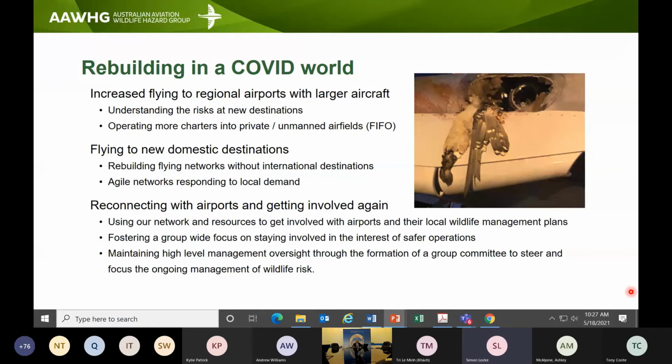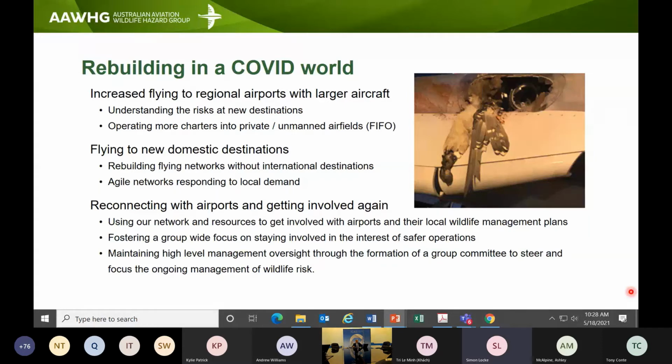We are flying in a very dynamic environment at the moment, where just to keep the aircraft operating rather than storing them, we're coming up with new network routes every 2 to 3 weeks where there's an opportunity or a demand for a large RPT aircraft to fly into a regional city that we would never contemplate.